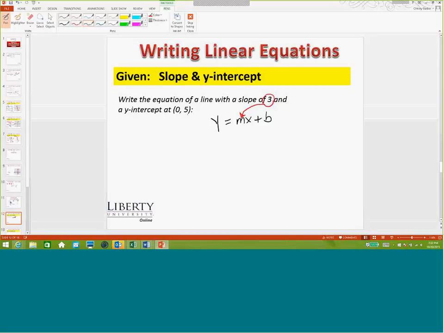And then I know that the line crosses the y-axis at 0, 5, so this 5 is where it crosses the y-axis, and that's going to be my plus b. So the equation for this line is simply, it's just like a puzzle, y is equal to, plug in my 3, plus, since 5 is positive, plus 5. It's as simple as putting these things in the right places in your slope-intercept form of a linear equation.